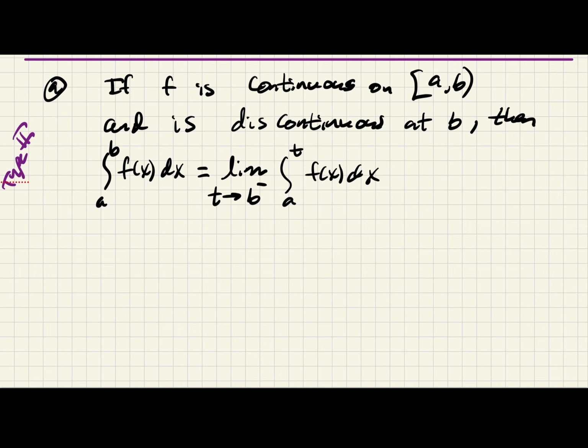Now let's see if that makes sense. So my limits are from a to b, and t is going to go to b from the left. Yeah, think about a graph. Picture that. I've got something with maybe an asymptote at b. And then I've got some function that looks like this.